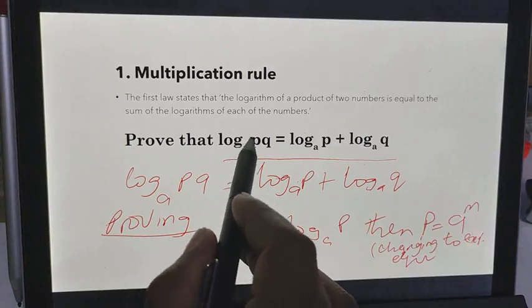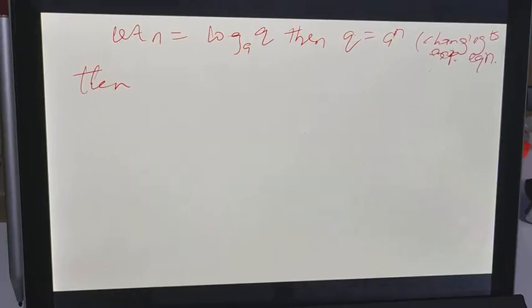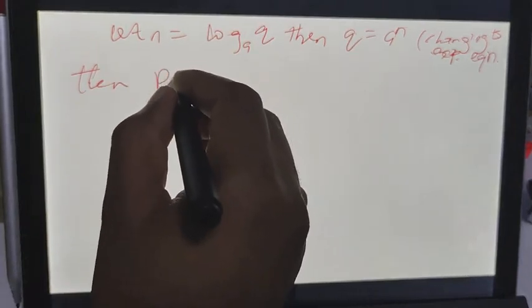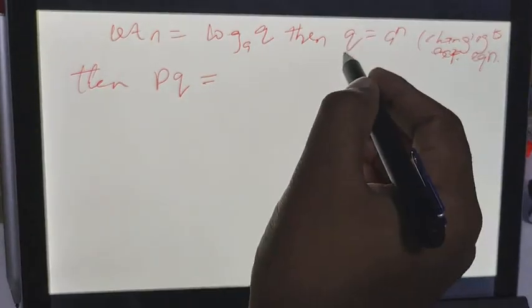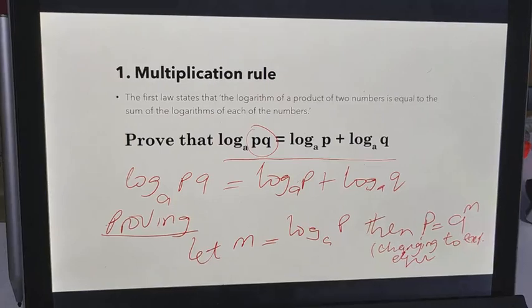Then we need to consider pq. We can say pq is the same as, remember, q is a to the power n, and p is a to the power m.